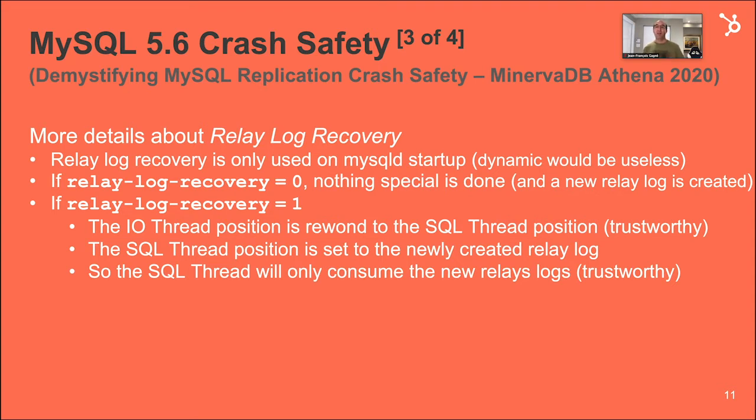And then on MySQL startup, relay log recovery sets the relay log position of the SQL thread to the newly created relay log. So the SQL thread will only consume the new relay log that will be downloaded by the IO thread, which is trustworthy because it's from a trusted position.